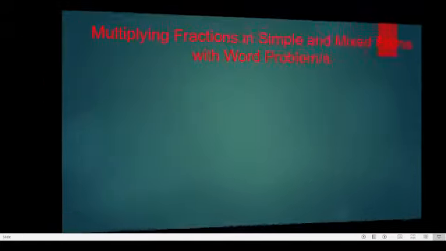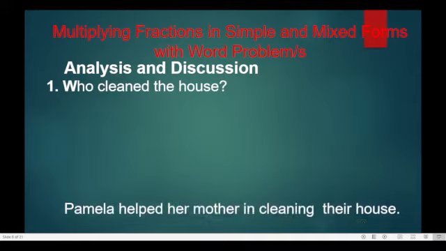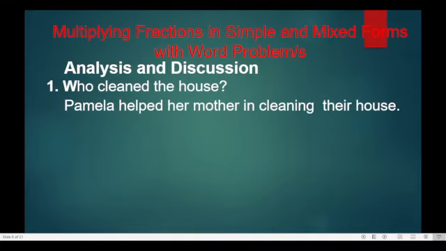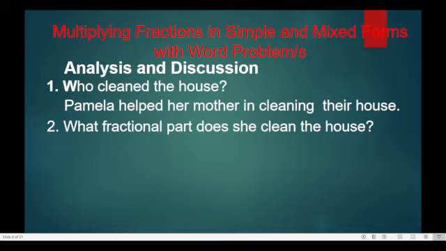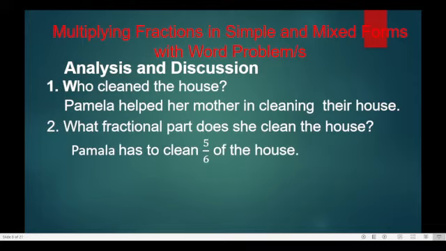Okay, so let us analyze. Who cleaned the house? So Pamela helped her mother in cleaning the house. So what fractional part does she clean of the house? So Pamela has to clean 5/6 of the house.